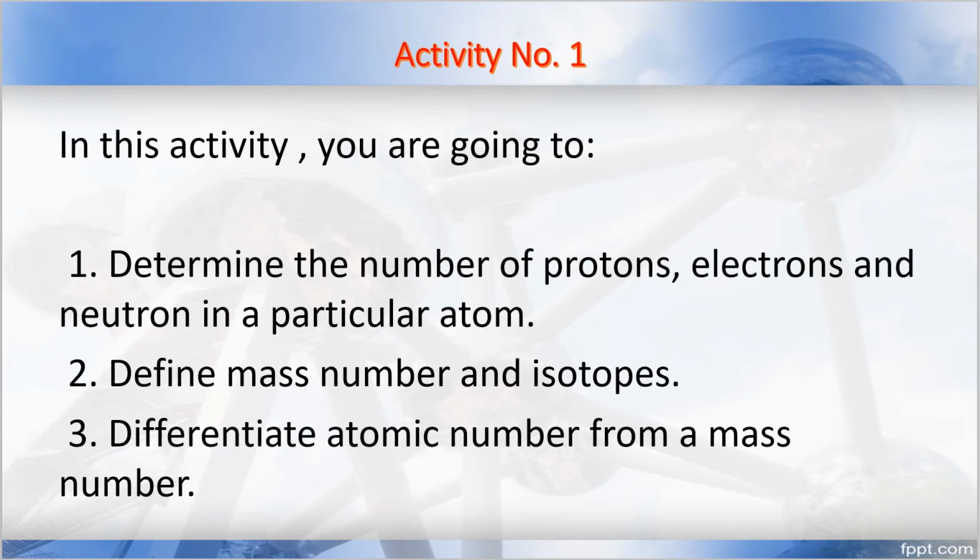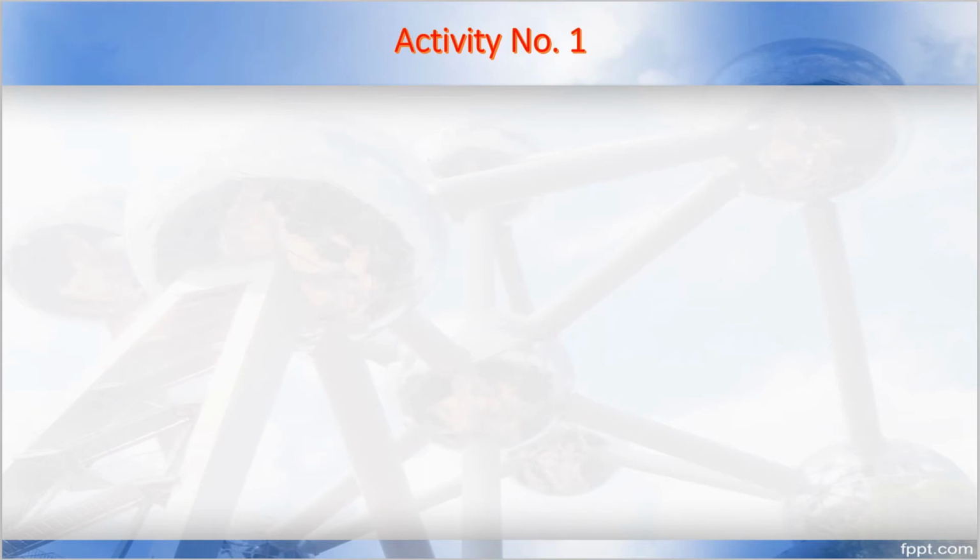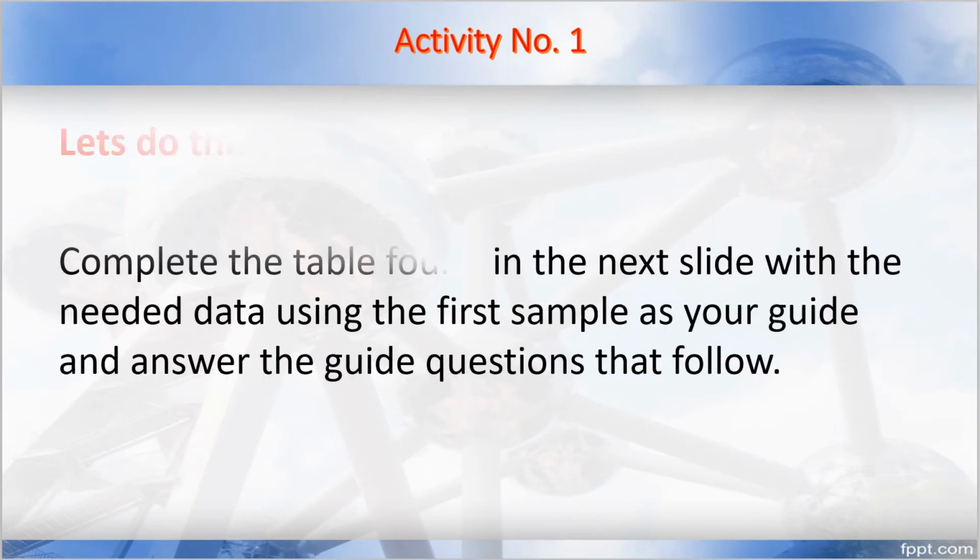And number 3, differentiate atomic number from mass number. Let's do this. Complete the table found in the next slide with the needed data using the first sample as your guide and answer the guide questions that follow.